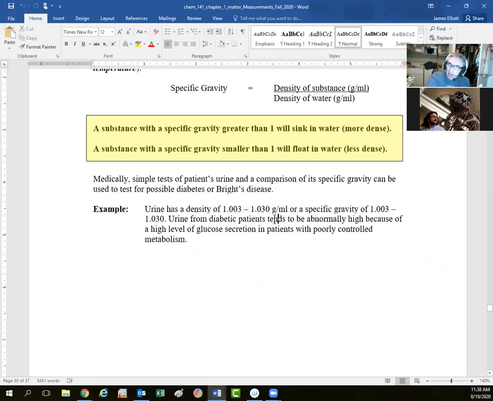You'd expect urine to be more dense than normal water because there's already some waste material in the water you're passing, like urea and other waste molecules. But if glucose is being lost, then that would increase the density even further.